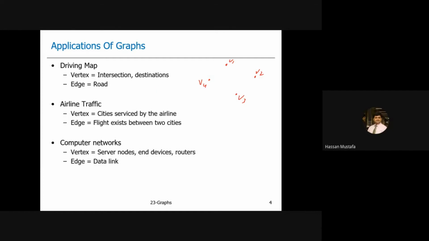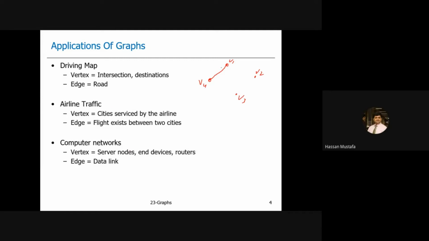And if I connect v1 and v4, then there is a road that connects v1 and v4. So this is how we can represent our driving map. Then for air traffic, these vertices could be the destinations all over the world. And if there is a direct flight from V1 to V4, then we can connect V1 and V4. So that's how we represent air traffic.